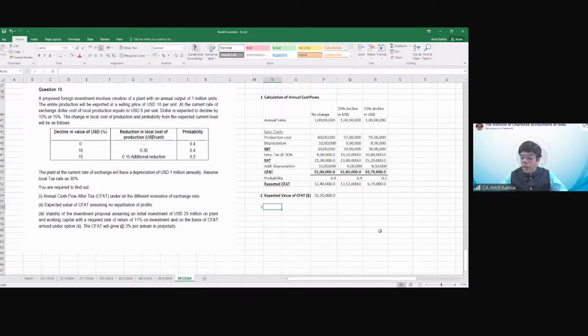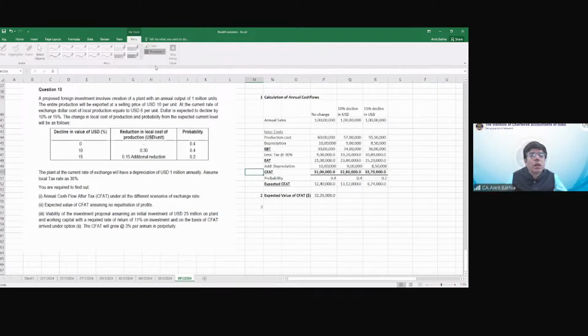तो हम कैसे कैलकुलेट करते हैं वैल्यू? कांस्टेंट ग्रोथ फॉर्मूला यूज करोगे यहाँ पे. Yes, sir. P0 is equal to D1, sorry, expected cash flow, right?